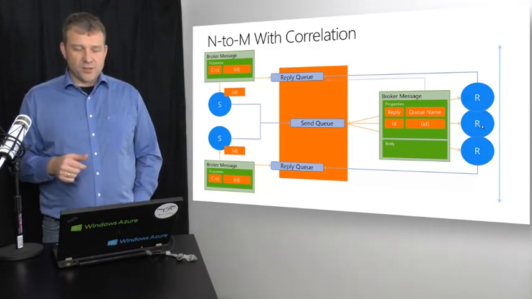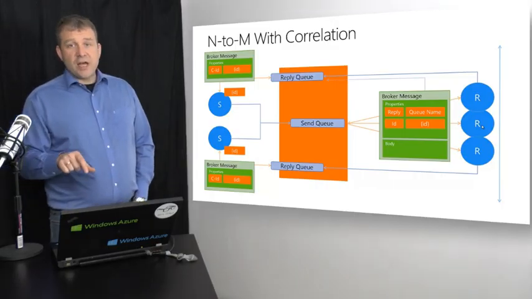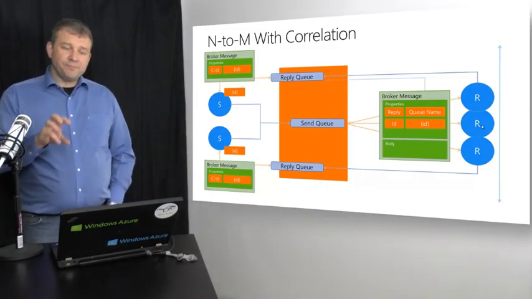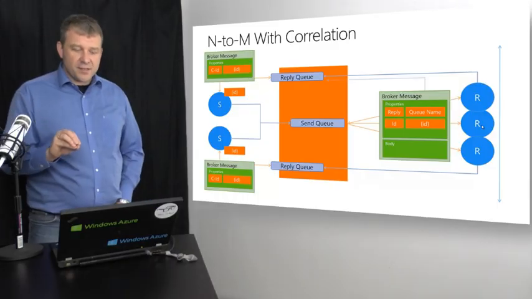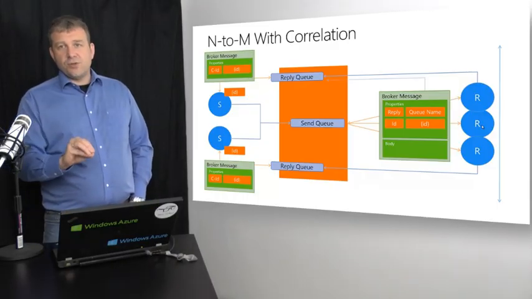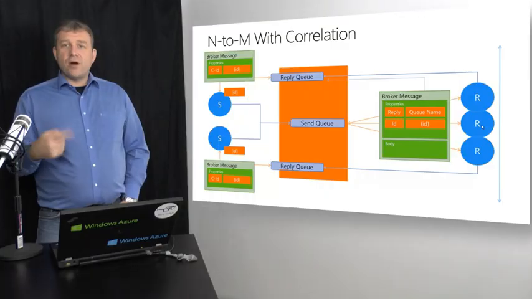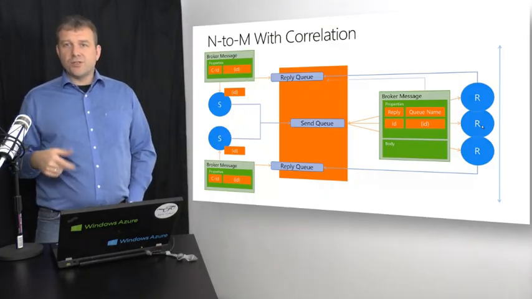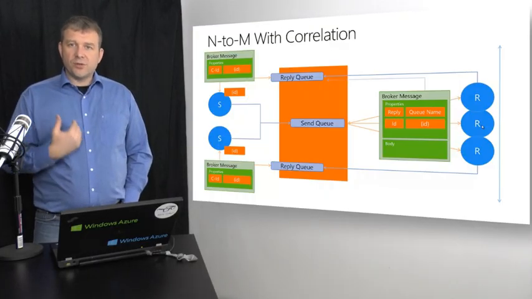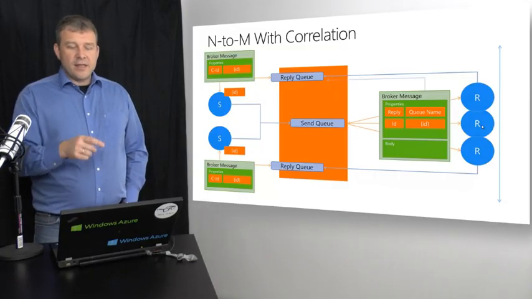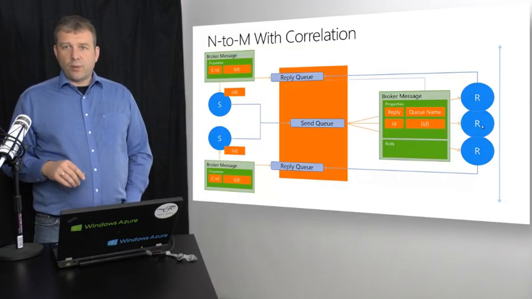So that's a good price to pay. Because you have competing consumer capability on the back side of this, on the send queue, you can now also fan out to M different nodes. Each can do the job, so you can scale this up, as I said earlier, and then send to the reply queue.